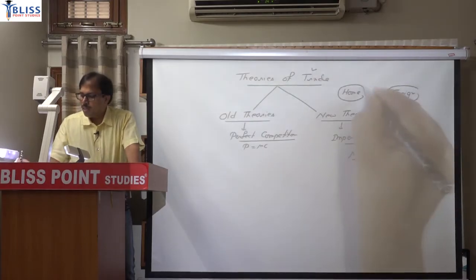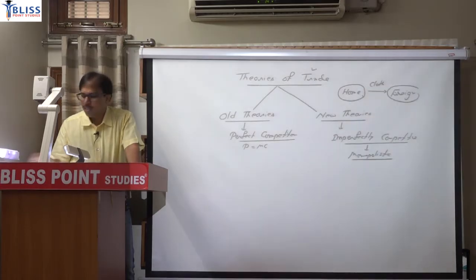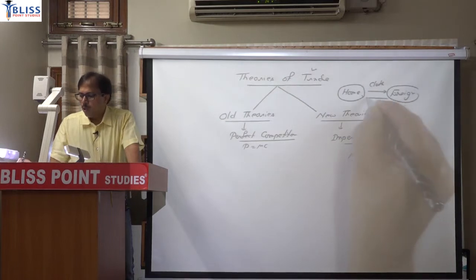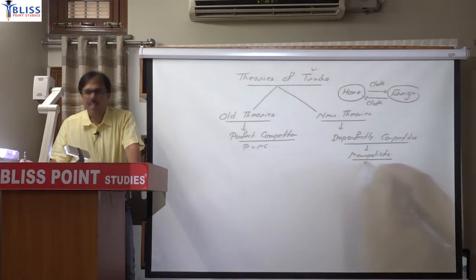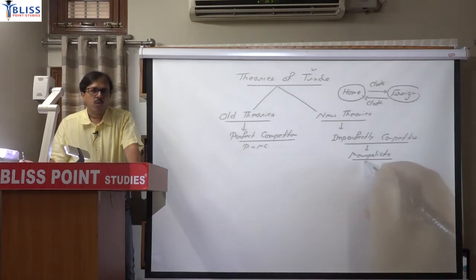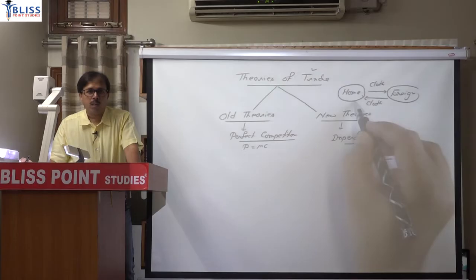If home country is exporting cloth, then home country could be importing cloth also, but that can be possible only when we consider that market is monopolistic, because only in a monopolistic competition market firms are producing differentiated product. So the cloth exported and the cloth imported are not the same cloth, they are differentiated product.